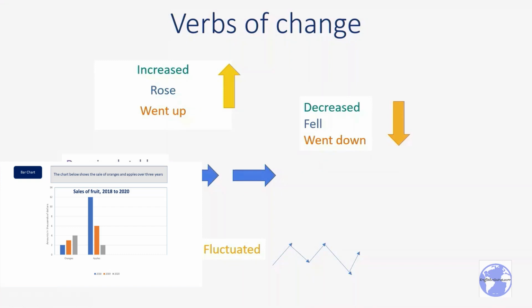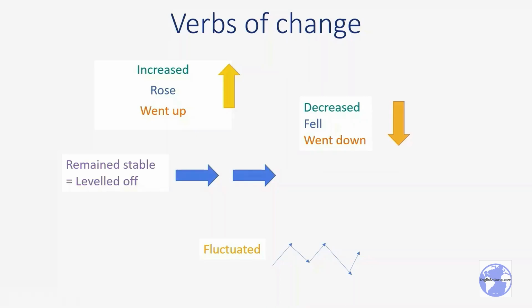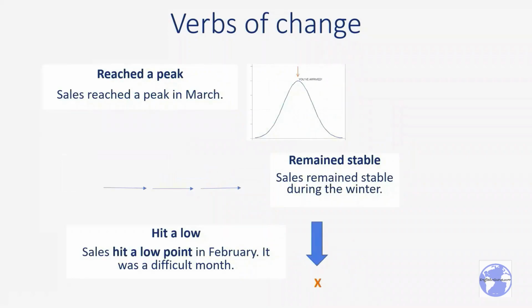So you could say, well, the sales of oranges, it increased or it rose, went up or it decreased, fell, or you could say it leveled off if it remained at the same, or it fluctuated if it went up and down. The sales reached a peak means that it hit a high point, the highest level, it remained stable, or it hit a low point.